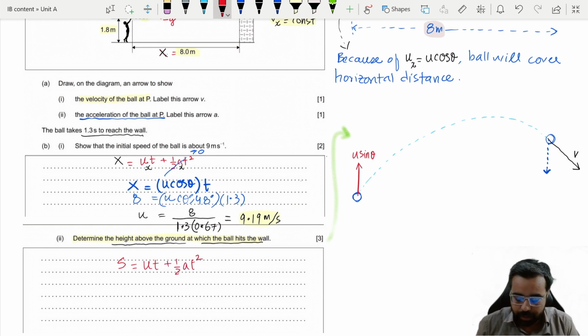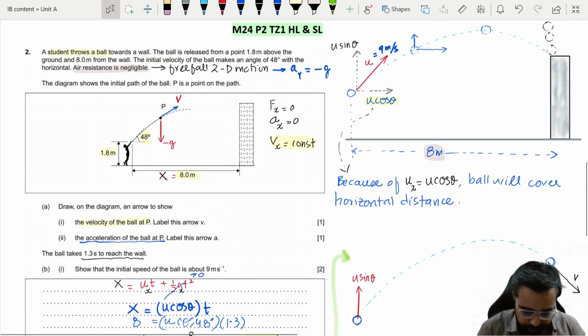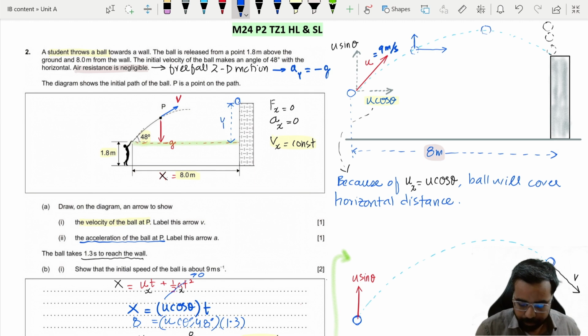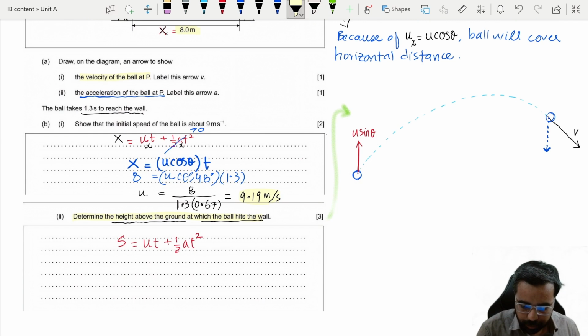Now how to utilize this equation? Let's say this distance, from this level to wherever the ball is, let's say here, is y. And this is, let's say, y prime, 1.8 meter. So when we calculate the value of y, I will just add y prime to it. Now I told you that we should use this equation because we don't need the final velocity factor.